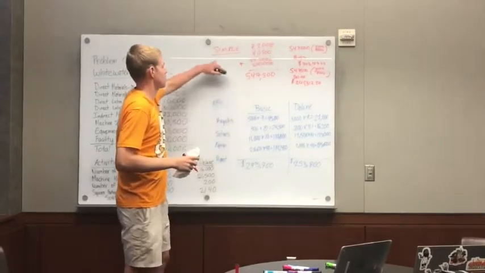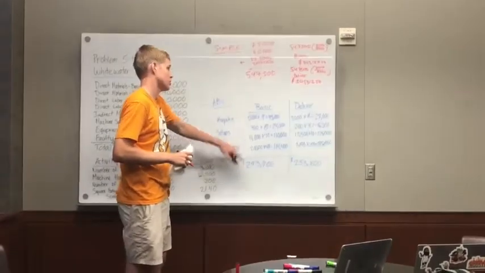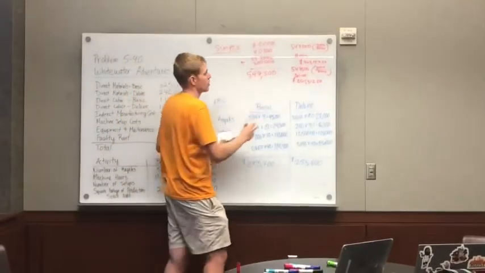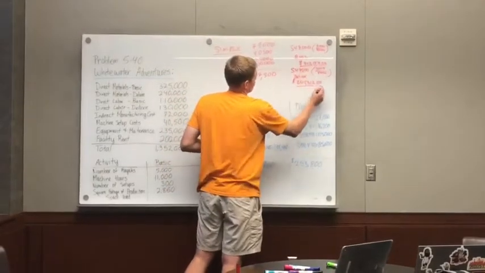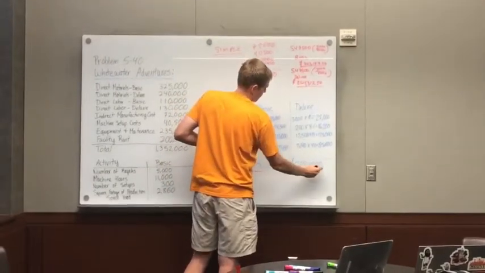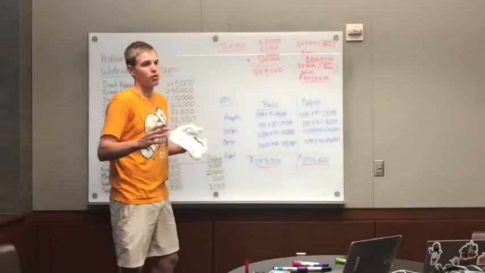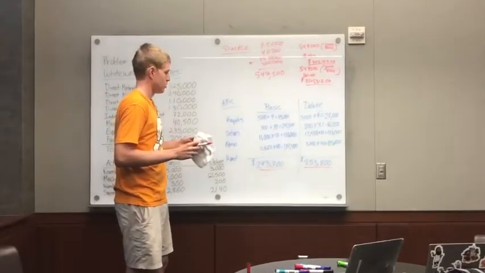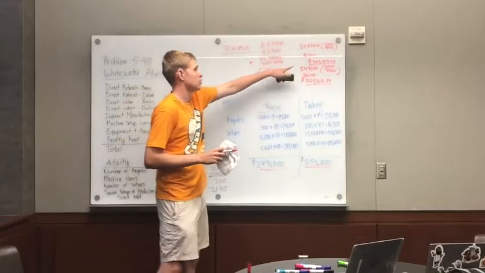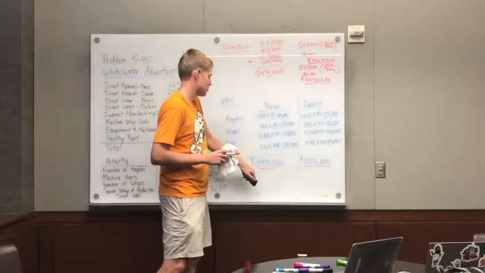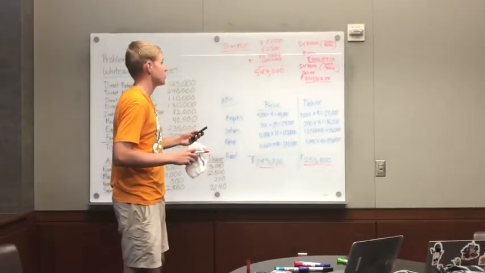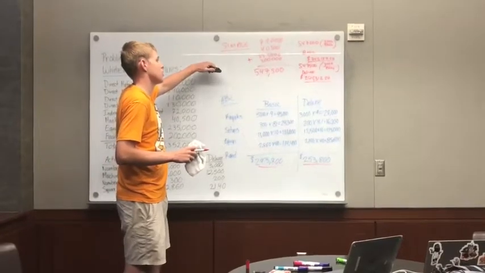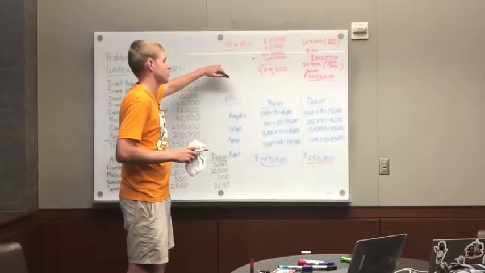Now looking at simple and activity-based costing, you can see that there are some differences in our overhead cost. And that's going to tell you if the costs are over costed or under costed. So if we're looking at basic, we have 342,000 and 293,000. Obviously simple is over costing the basic model.